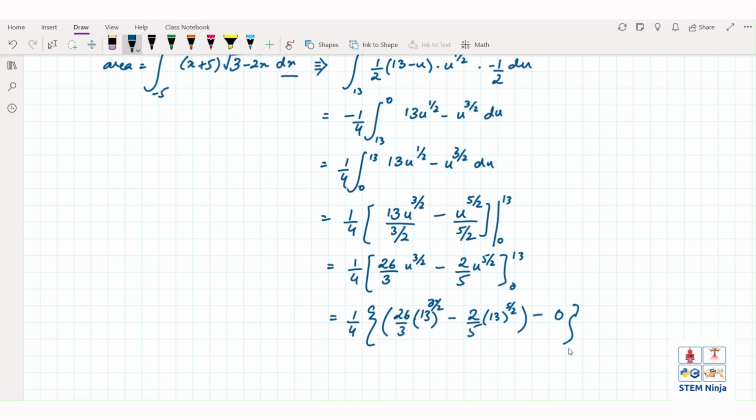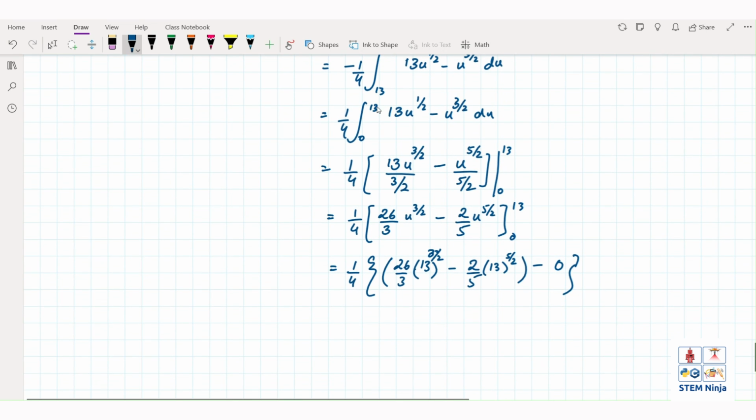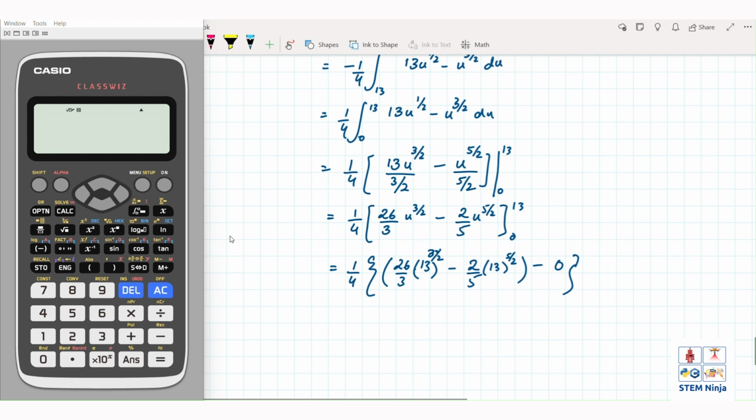Now we just need to plug in the limits in the calculator. Actually, no wait, let's do it one by one.